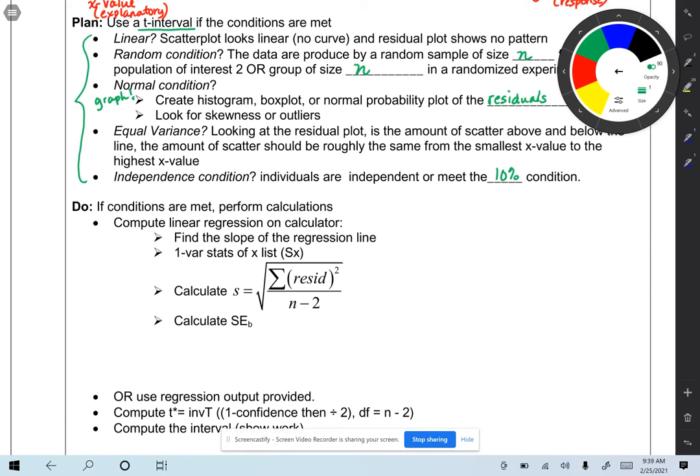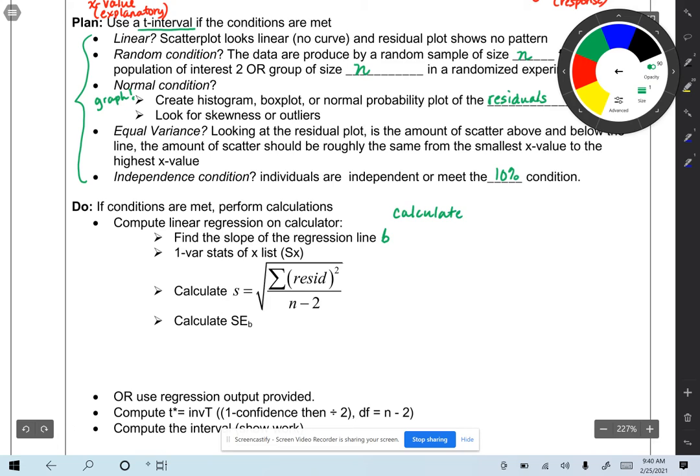All right, and then for the do portion, the calculations, super important. So first thing you want to do is find the slope of the regression line. So remember, slope is b. And in order to do that, you must first calculate.